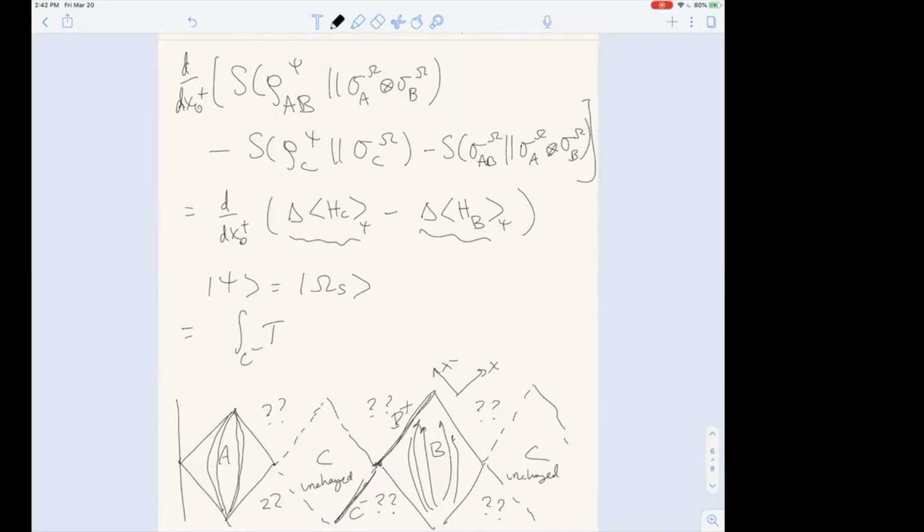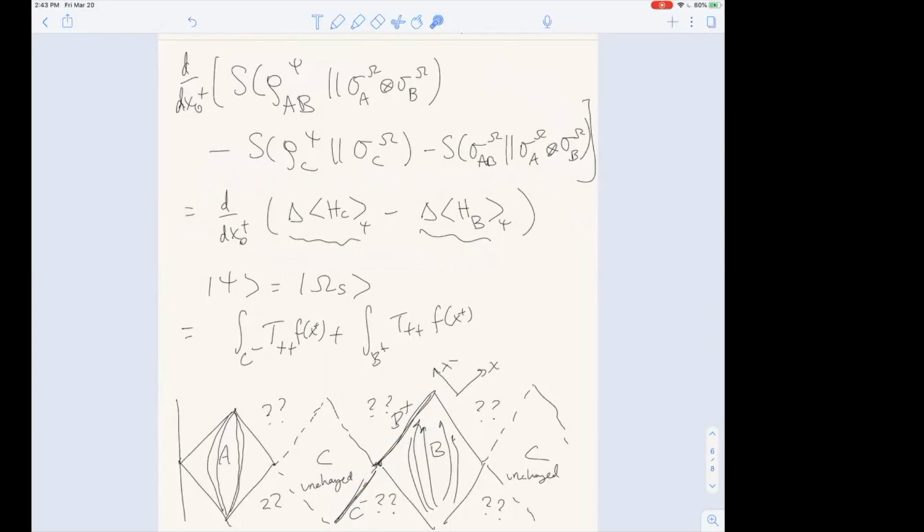So it's an integral over C minus of T plus plus, plus an integral over B plus of T plus plus, and there are functions in here which I'm not going to write down because they're not really important for this discussion. But the point is that you get this sum of three derivatives of relative entropies equal to just a local integral of the stress tensor along this null line segment here. Okay, it's exactly analogous to the Rindler case.